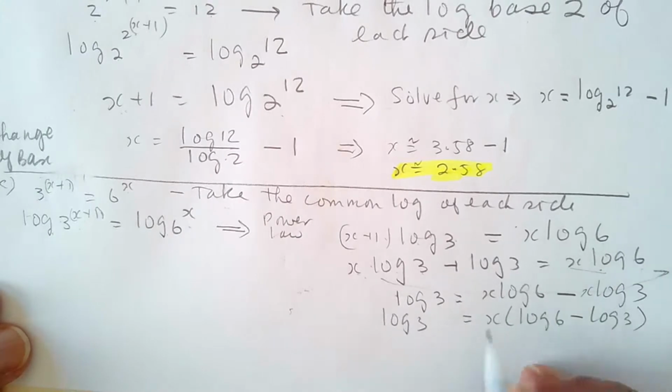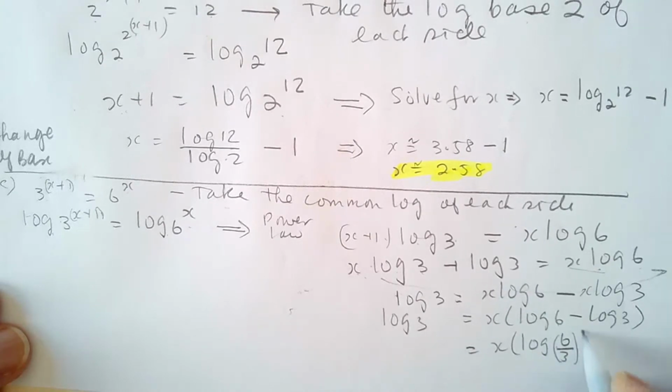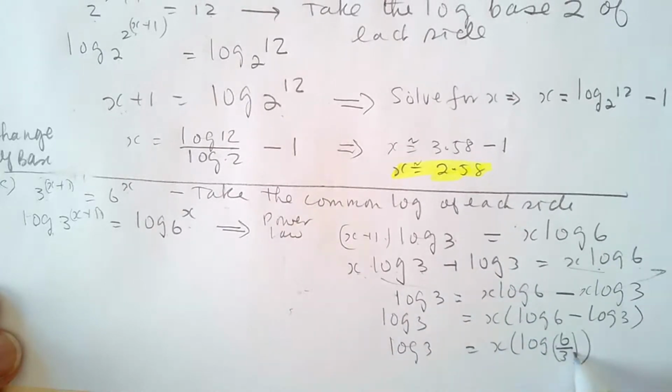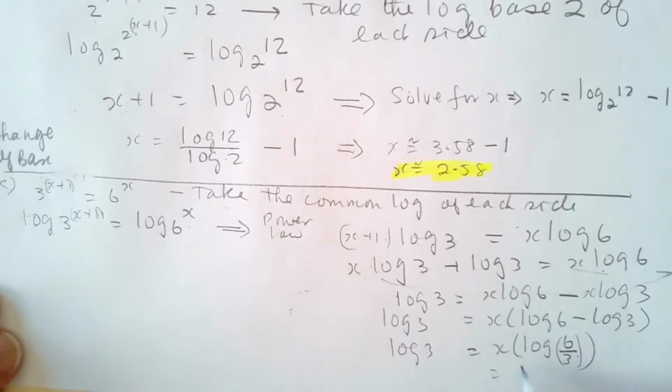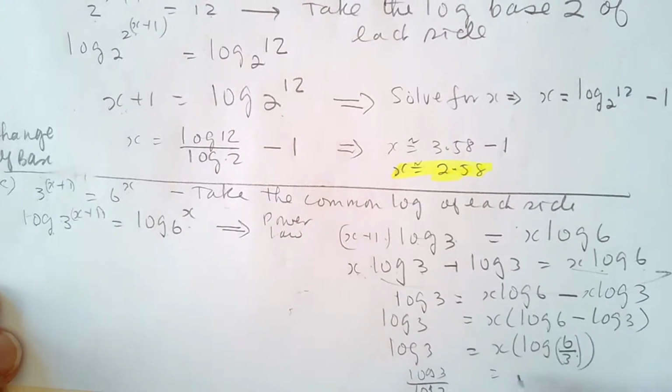This is quotient law, so we have x becomes log 6 over 3, which is log 2. So altogether it becomes log 3 over log 2.